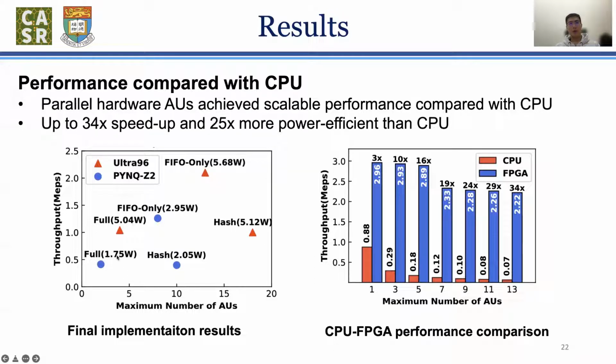All the different implementations have different power consumptions, ranging from around 2 watts to 6 watts. And comparing our framework to CPU, because all the AUs are running in parallel, we achieve scalable performance, up to 34 times speedup and 25 times more power efficient than CPU.